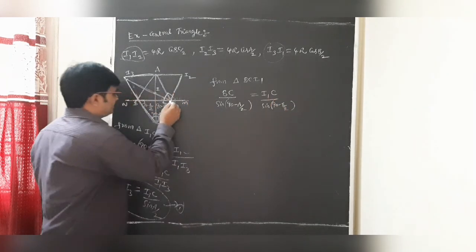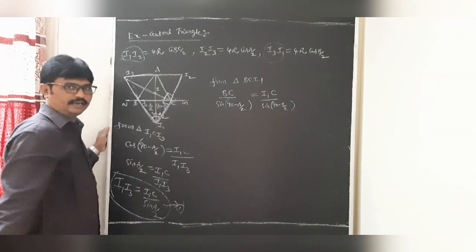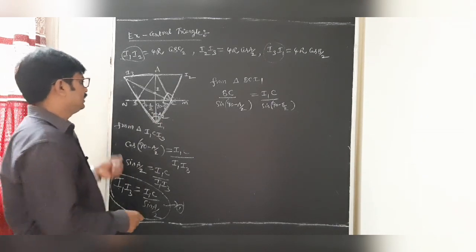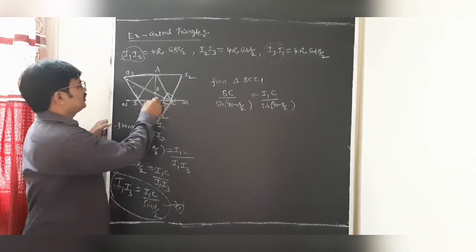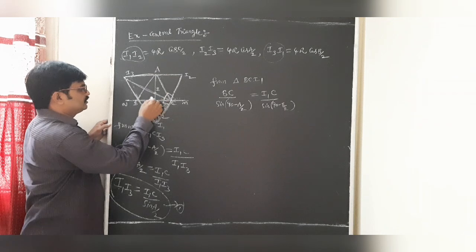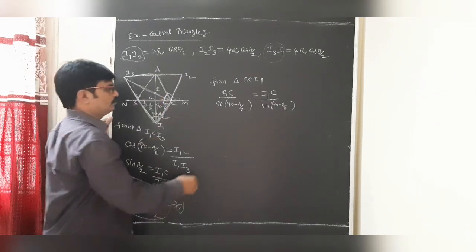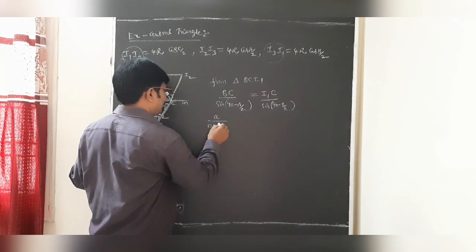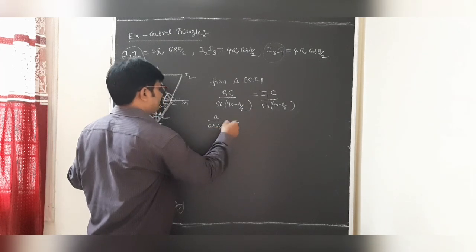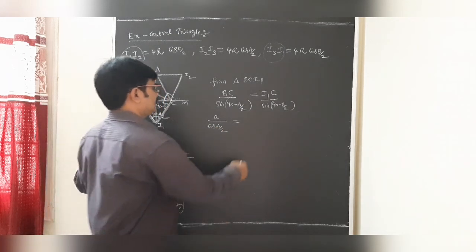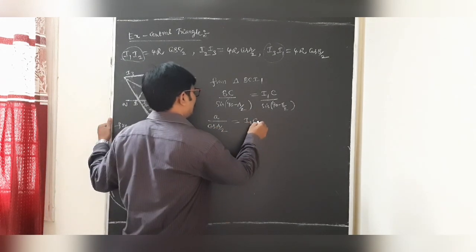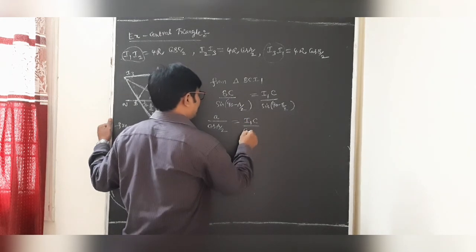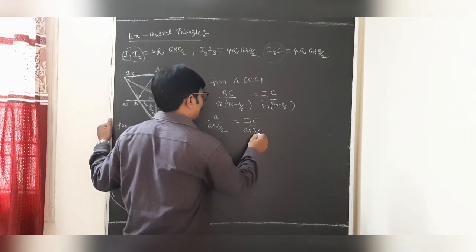The opposite angle of the side I1C is 90 minus B by 2. BC is opposite to the vertex A, that is small a. Therefore small a upon sine 90 minus A by 2, which is cos A by 2, equals I1C upon sine 90 minus B by 2, which is cos of B by 2.